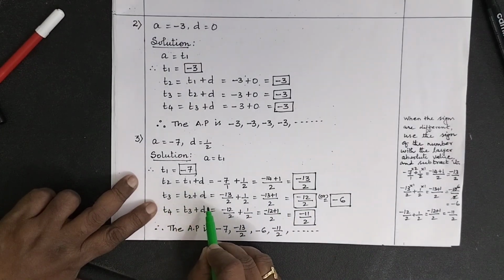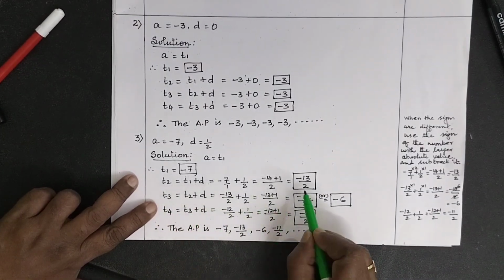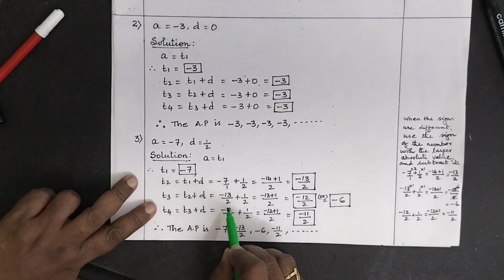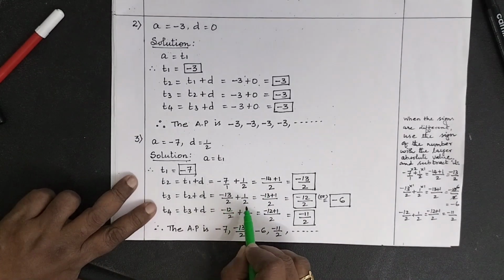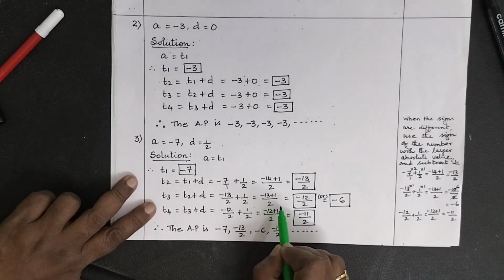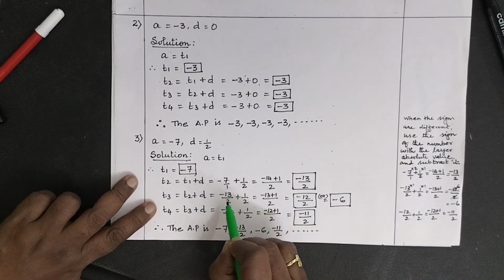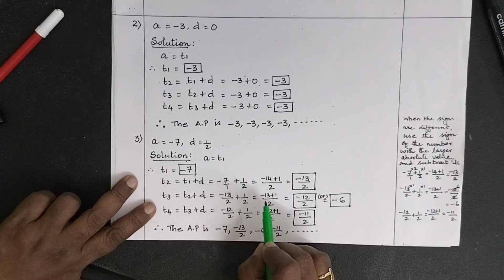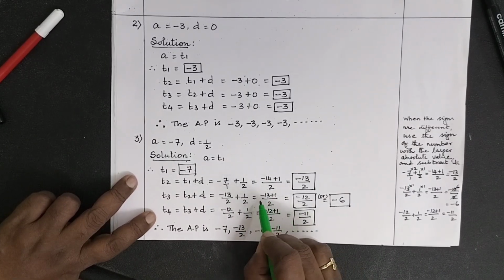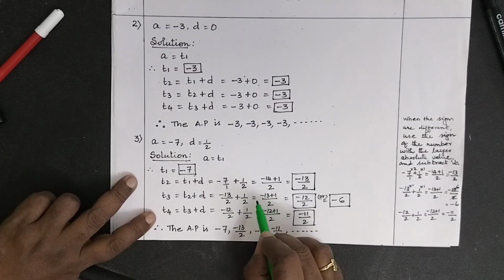T2 plus D. What is T2? T2 is minus 13 by 2 plus 1 by 2. Here the denominators are same. When the denominators are same, put the same denominator and just add the numerator. Okay. So minus 13 plus 1. Again use here the signs are different.